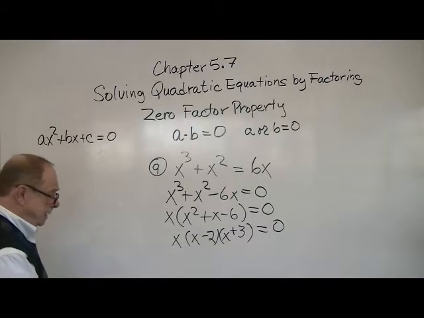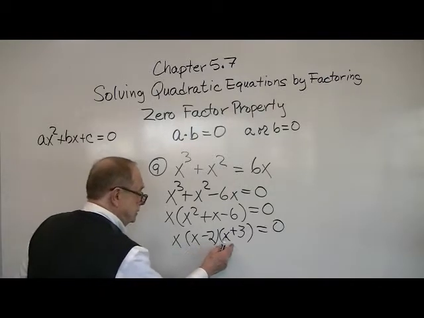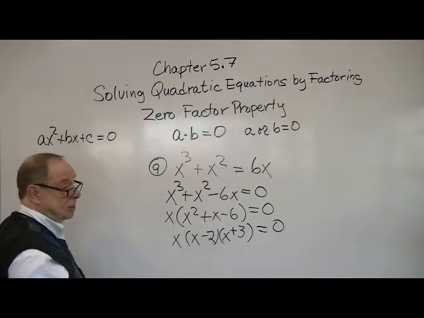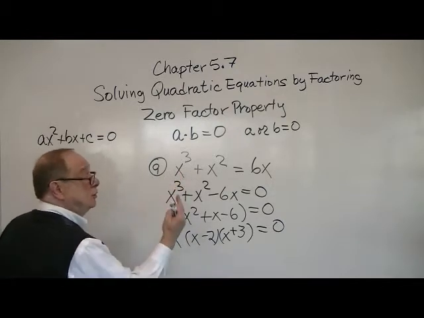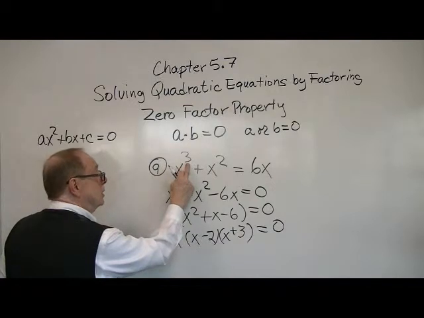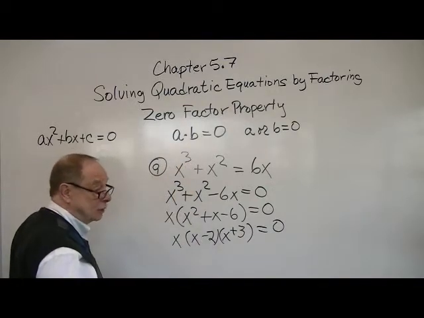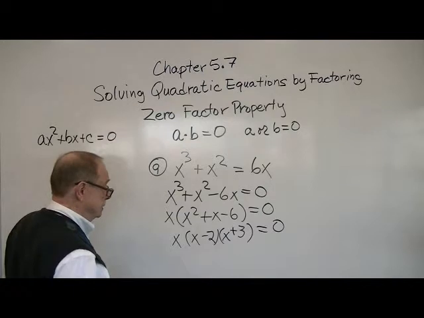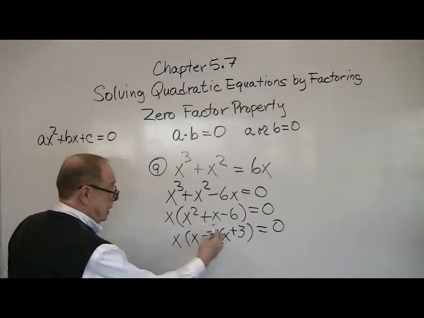Now you notice here we have 3 factors. And that's important because anytime the degree of your equation is to the third power, you're going to need 3 solutions. So how do you do it?